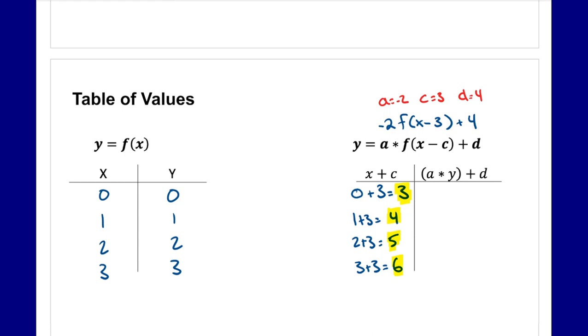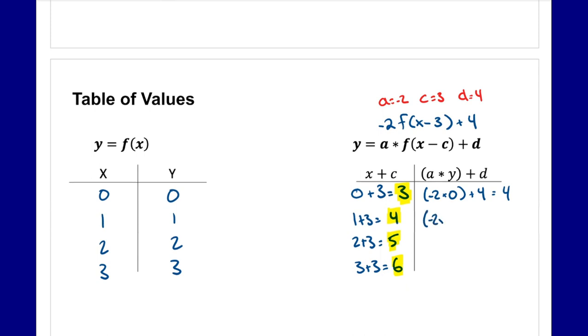If I look at the y values, I'm going to take my original y values, multiply them by a, negative 2 times 0, plus my d value, 4, and I get 4, because 0 times negative 2 is 0.